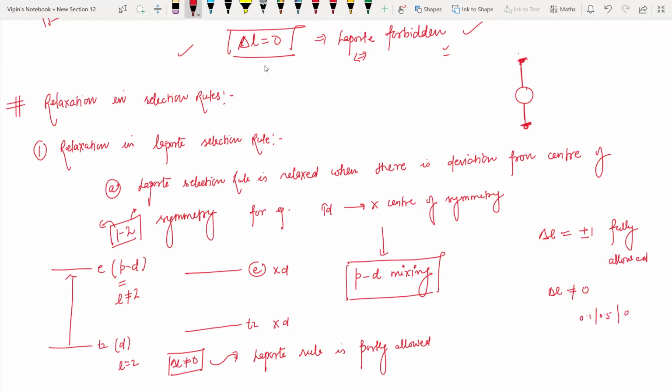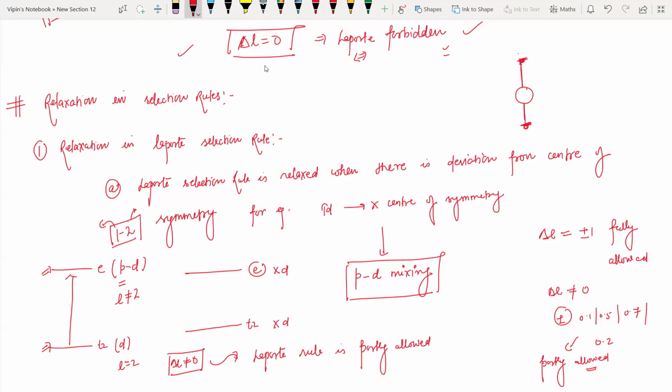You can say 0.7, or you can say 0.2, then it is either plus or minus, then it is partly allowed. Means the Laporte rule is relaxed. Okay. This relaxation leads to excitation of an electron from the lower energy level to the higher energy level. It is responsible for the color of complexes, because if there is possibility of excitation of an electron from the T2 set, the low energy level, to the high energy level, then there will be possibility of absorption of light that will lead to the color of that particular complex.